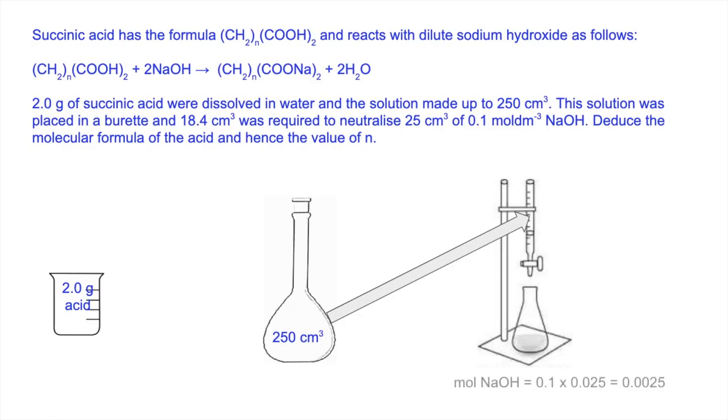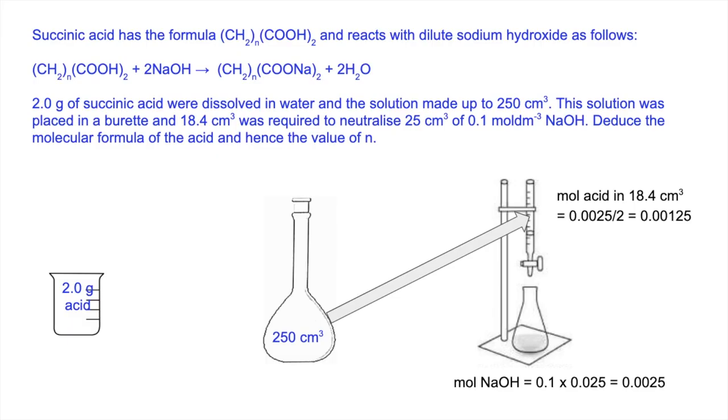So the first thing I'm going to do is work out the moles of NaOH in the conical flask, concentration times volume. That means the moles of the succinic acid that are in the 18.4 cm cubed is going to be half of that from the mole ratio. Now to get the moles of succinic acid in the 250, it's not a straightforward conversion.